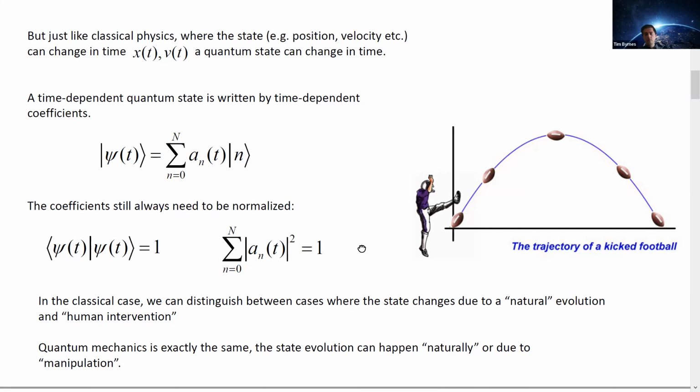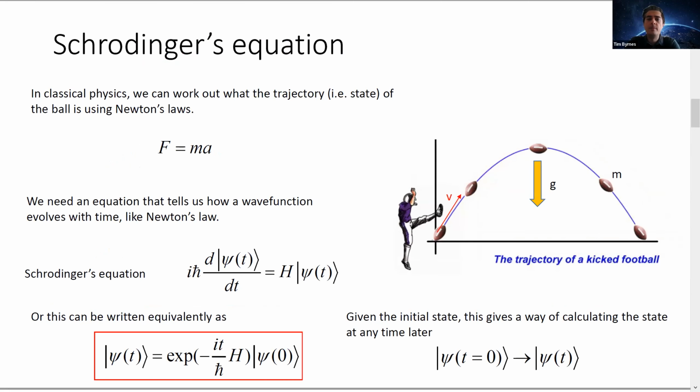So now let's look at exactly how the time evolution happens. In classical physics, if you've done any physics at some point, then you would have learned about Newton's laws. So F equals ma is your central, most important law of classical physics, right?